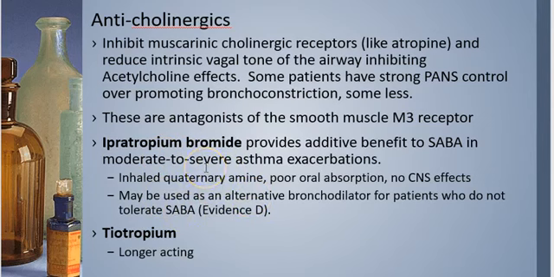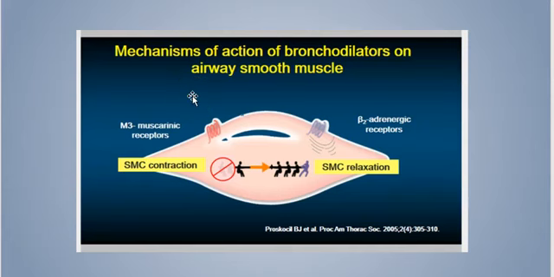It can be used with a short-acting beta agonist in patients that have moderate to severe asthma that experience exacerbations. And then the other one that's listed is tiotropium, which is a little bit longer acting. So this is a really quick summary diagram of the opposing forces that can produce bronchodilation.